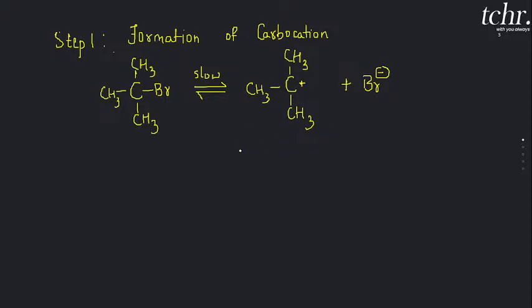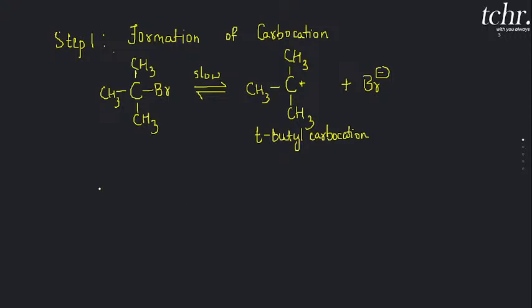You know that if the carbon atom carries a positive charge, it is called a carbocation. So now what I have with me is tertiary butyl carbocation. Is it clear, students? This is the first step.